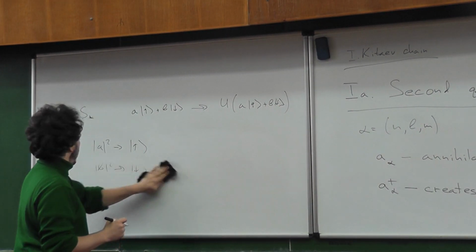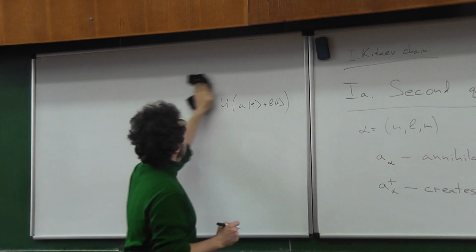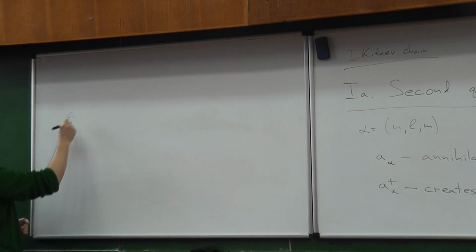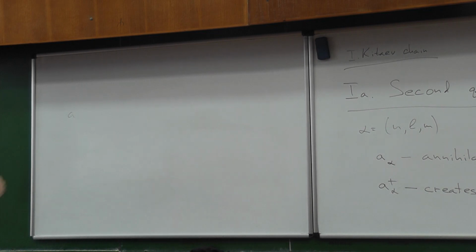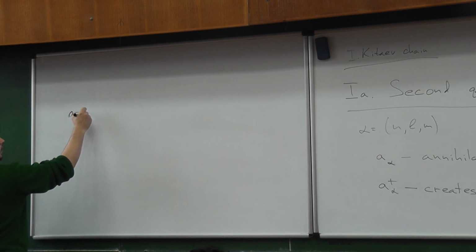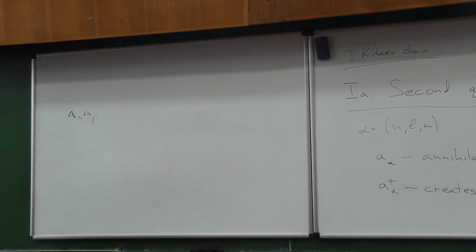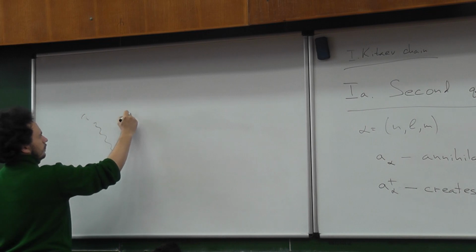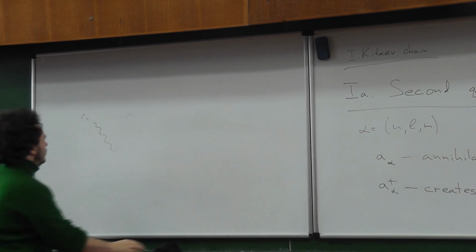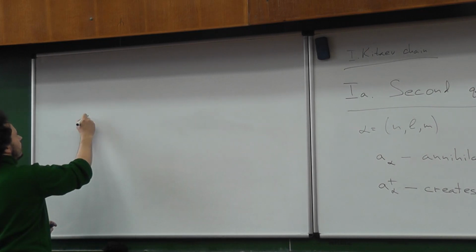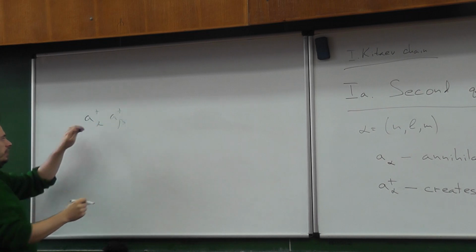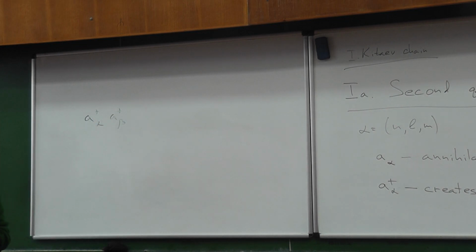Basically, I know that if I have an electron in state alpha, I want to create an electron in state alpha and another one in state beta.